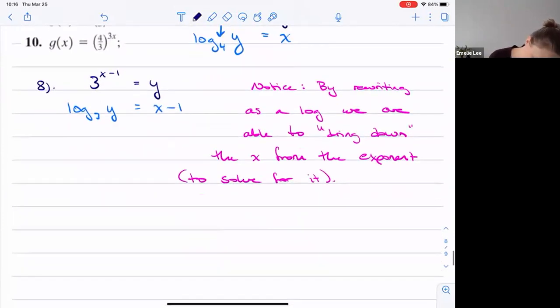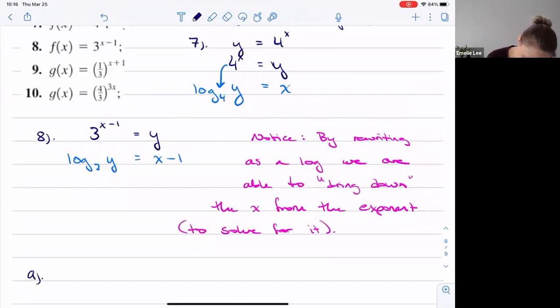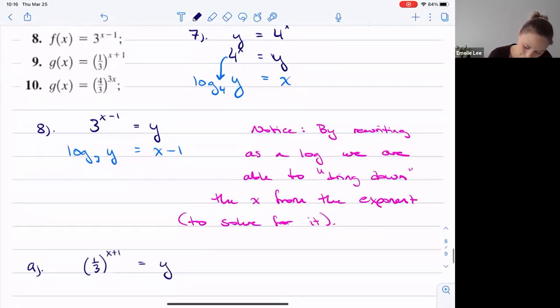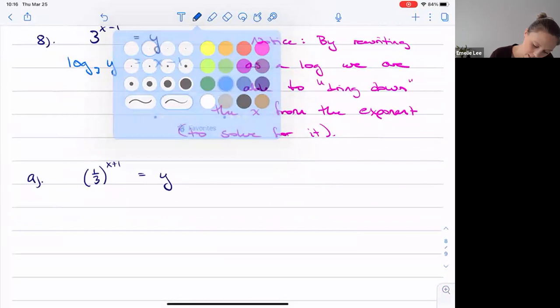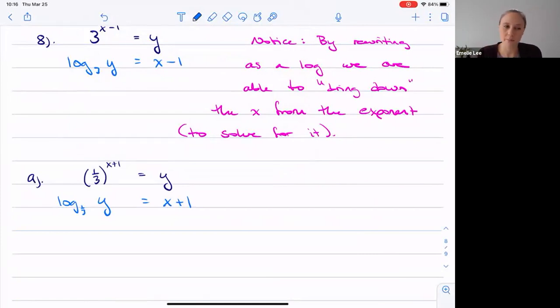So let's do 9. I've got 1 over 3 to the power of x plus 1 equals y. Again, I've got log base 1 over 3 of y equals x plus 1. I'm moving a little bit faster. So I know that this is going to take a lot of practice.